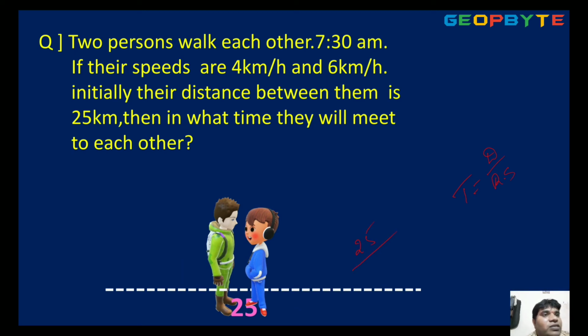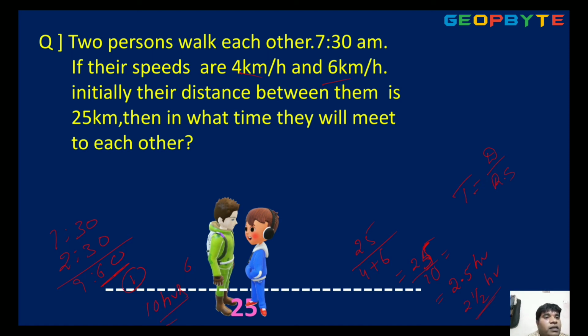Relative speed, opposite direction, so addition: 4 plus 6 is 10. 25 by 10 is 2.5 hours. But the requirement is at what time? So 7:30 plus 2:30. 0 plus 0, 3 plus 3 is 6, but 6 tens is 60 minutes, which means 1 hour. 7 plus 2 is 9, 9 plus 1, 10 hours exactly.